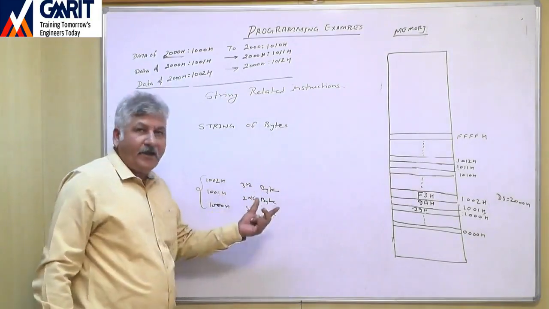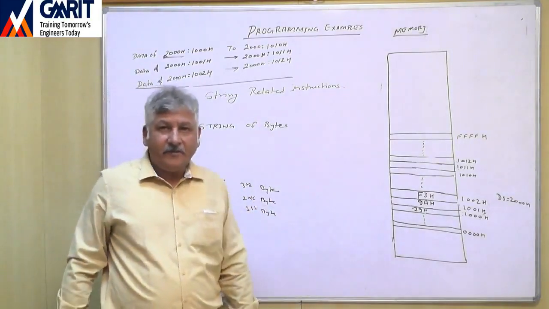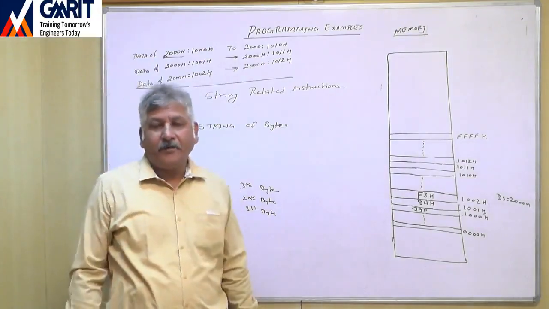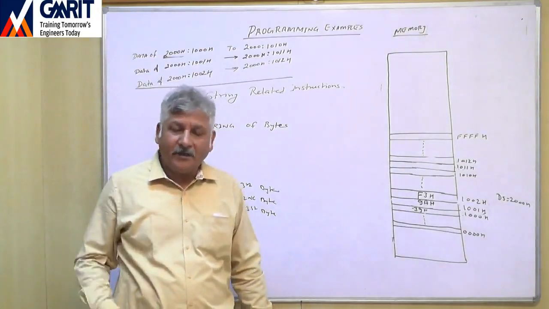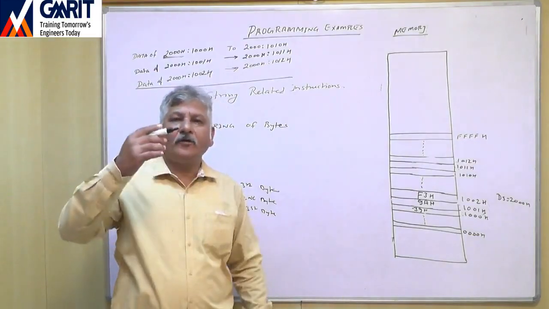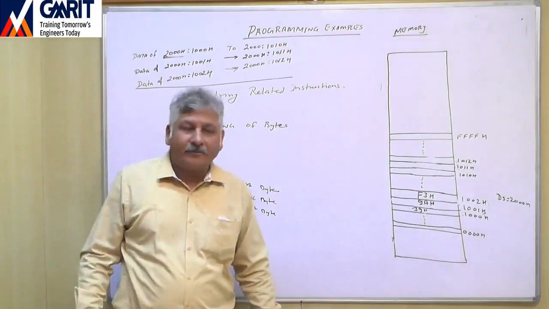So this is a string of bytes, right? There can be 100 bytes in the string, or 10 bytes in the string. If there are 10 bytes in the string, then the 10 bytes are stored in consecutive memory locations.